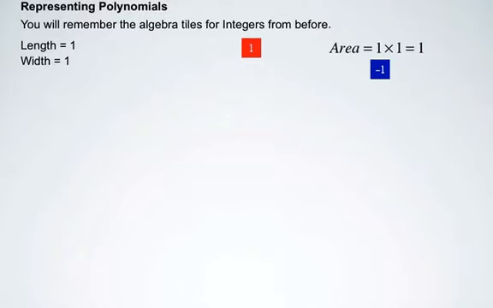Representing polynomials. So similar to the algebra tiles that we used for integers, we can now expand the tiles to represent polynomials. So we're going to have the red and blue be positive 1 and negative 1. And they are length 1 and width 1, so their area is 1 by 1 equal to 1.